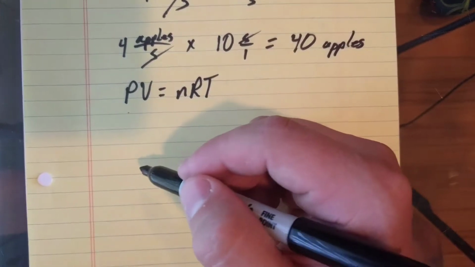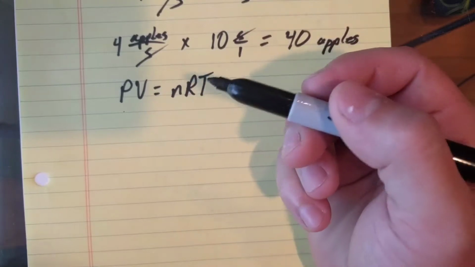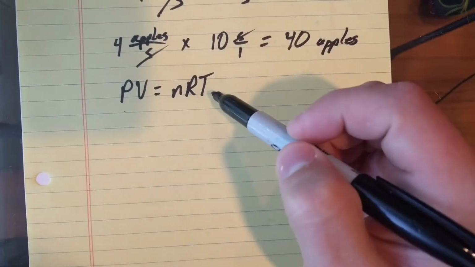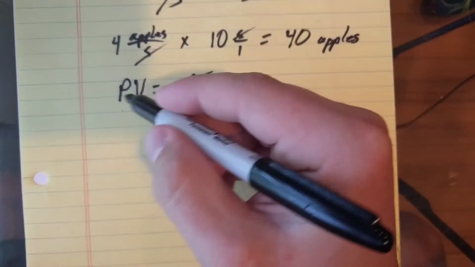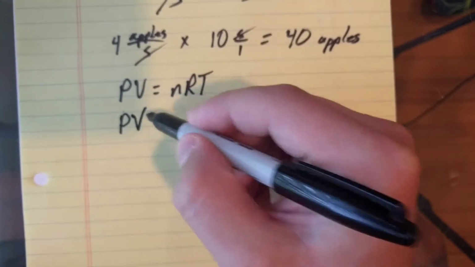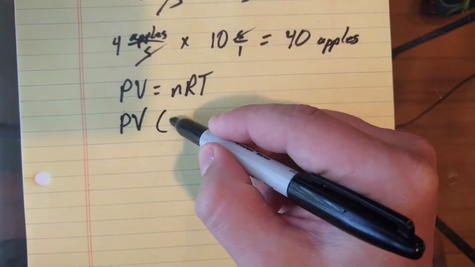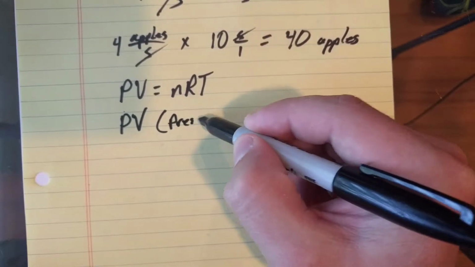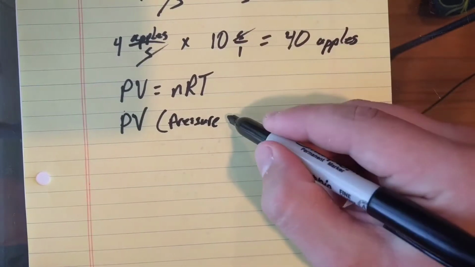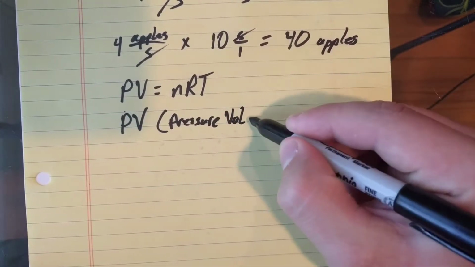And this is where things can get a little bit tricky, because even before I do anything here, I can say that this is going to have units. So P and V will have units of pressure, or maybe dimensions of pressure, volume.